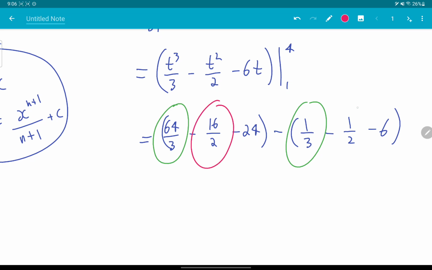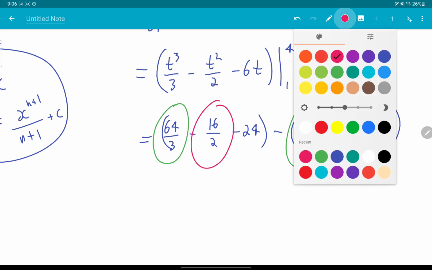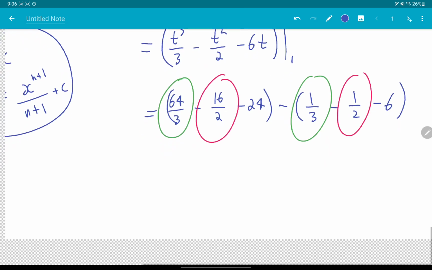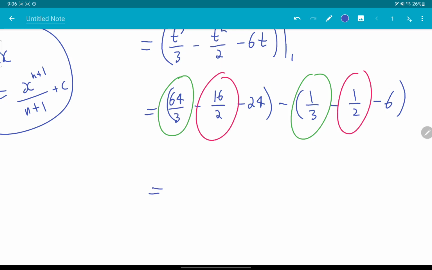Because they have the same denominators. This can be useful sometimes. So I got 64 over 3 minus 1 over 3 giving me 63 over 3. Now I got negative 16 over 2 minus 1 over 2. So that's going to be plus 1 over 2, giving me 15 over 2.